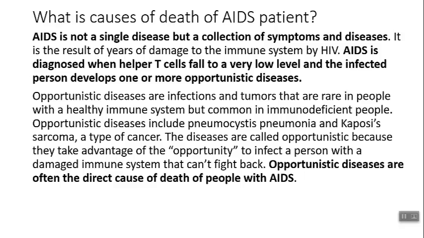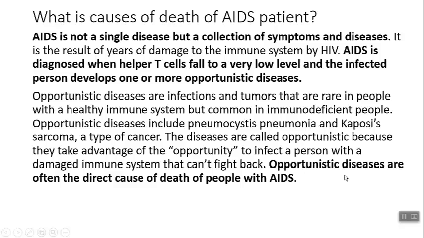So opportunistic diseases are often the direct cause of death of people. So ultimately people die because of some opportunistic disease. So AIDS patients die because of opportunistic disease, besides the decline in the number of T helper cells. Of course, once the immune system fails, anything can be dangerous.